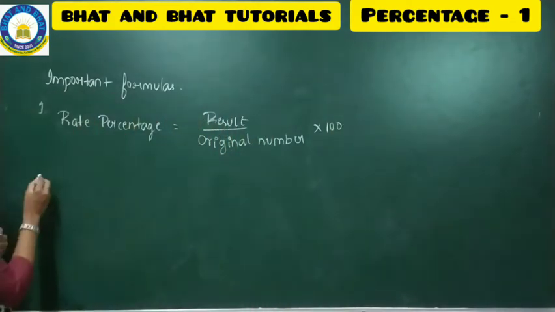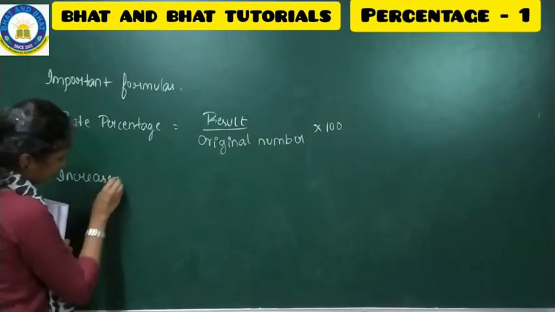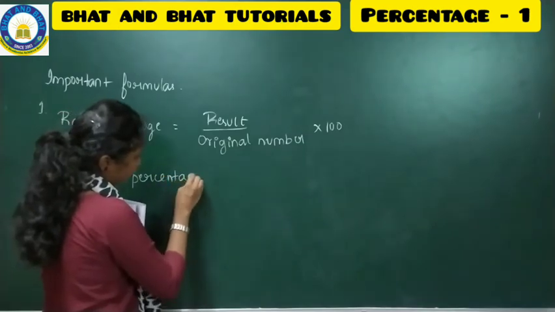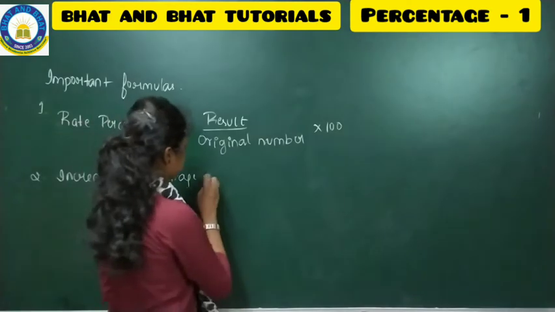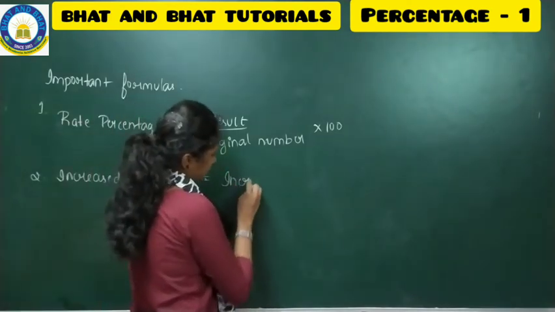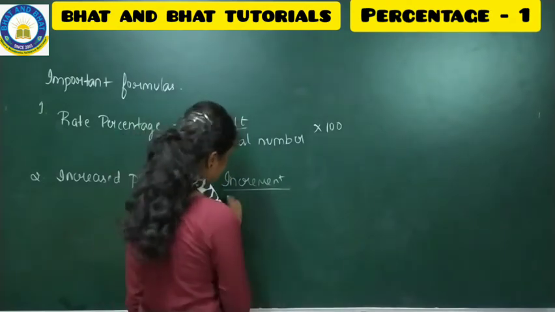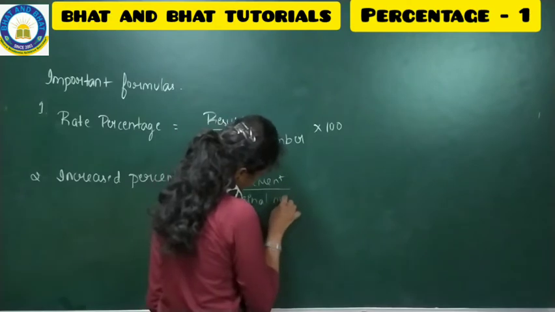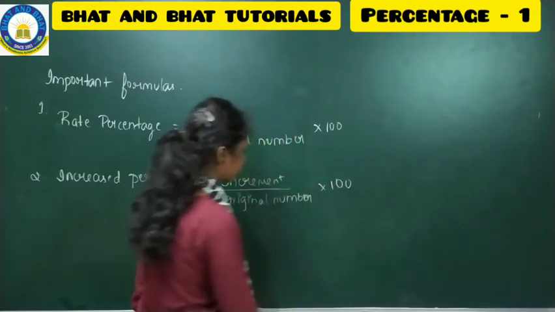And the second formula, increased percentage. To find the increased percentage, we make use of the formula, that is increment divided by original number into 100. This is the second formula.